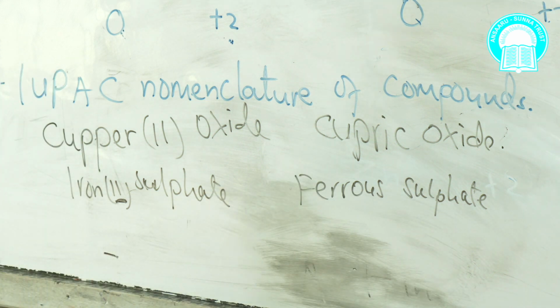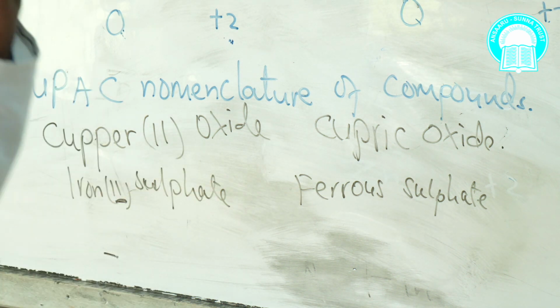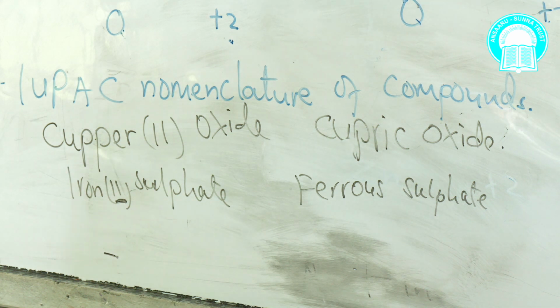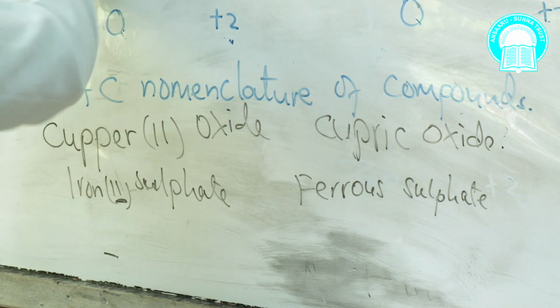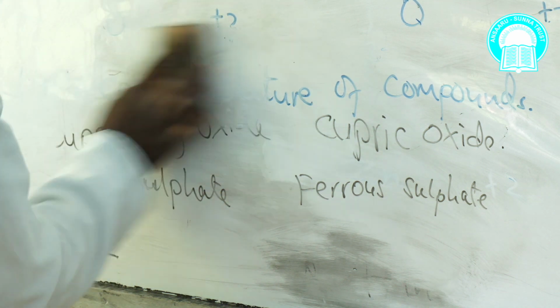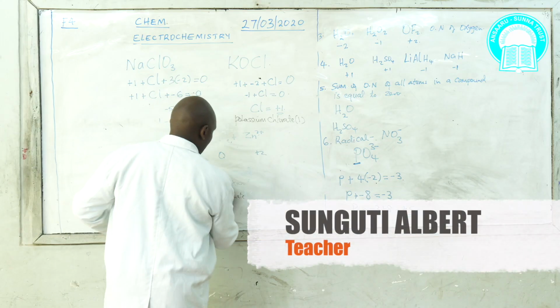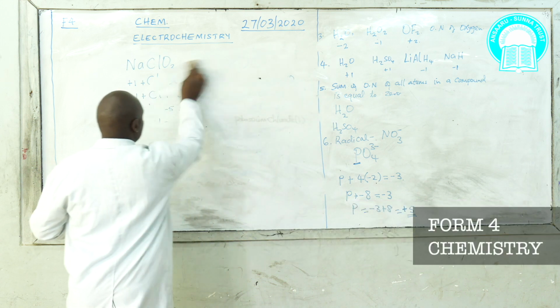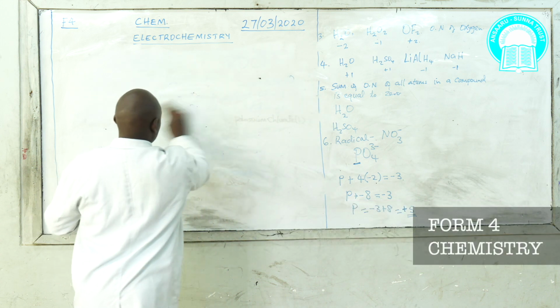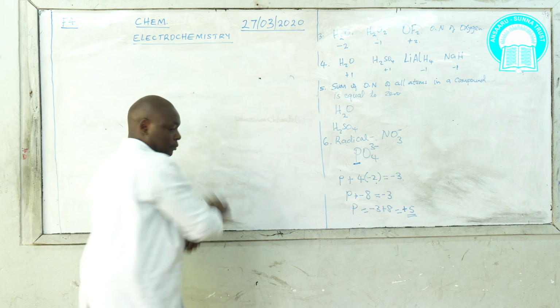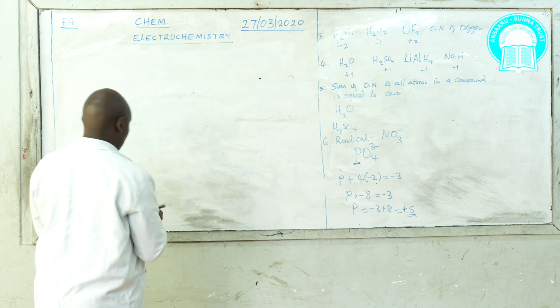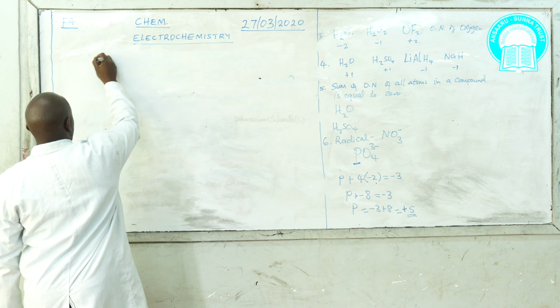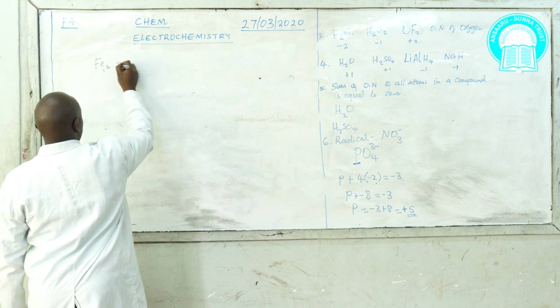Therefore, now we are able to tell whether a reaction is redox by looking at the oxidation numbers. So let's see, as we conclude, let me use one of those ionic equations.